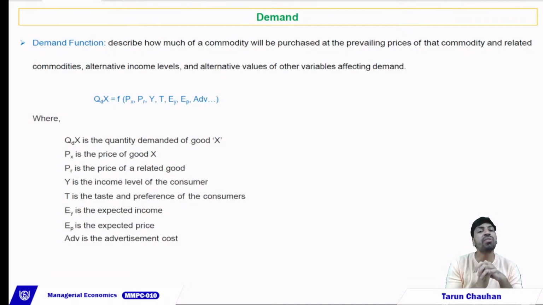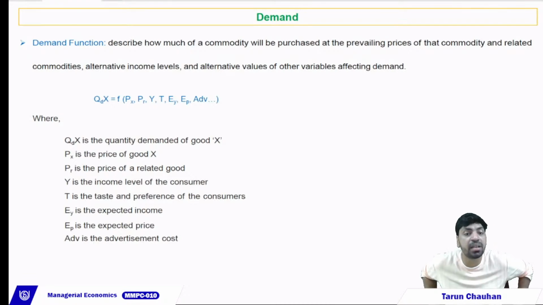So demand function refers to how much quantity will be purchased at the prevailing price of that commodity and related commodities, with all of the factors which influence demand. So what are the factors here? Price of related goods, income of the consumer, price of the good X, technology, taste and preference of the consumer, expected income, expected price, advertising cost.